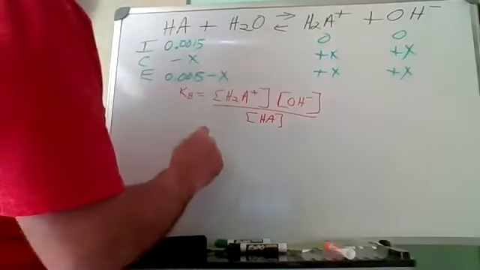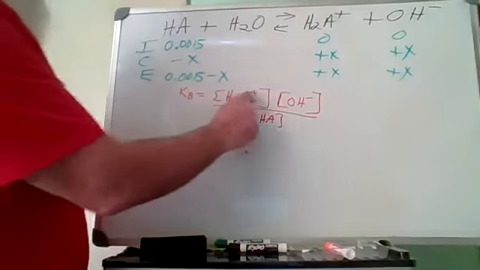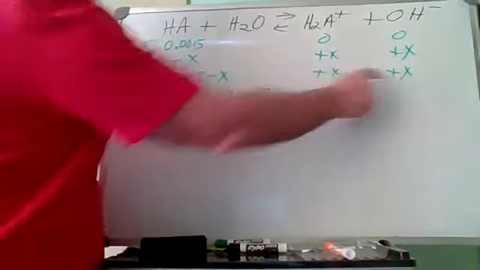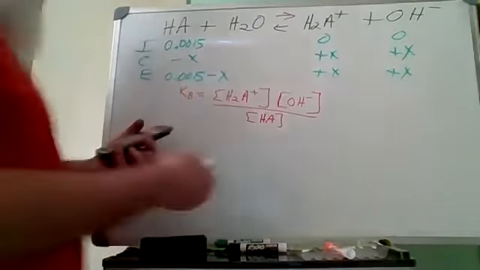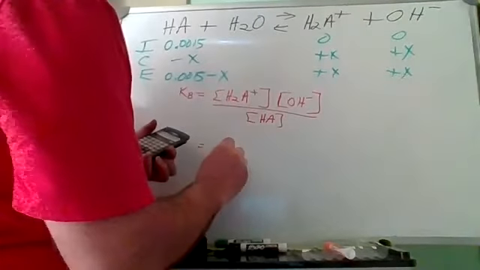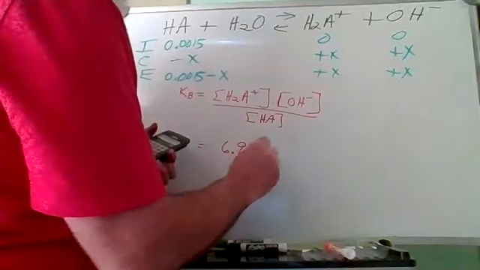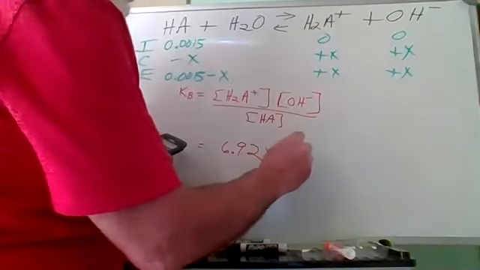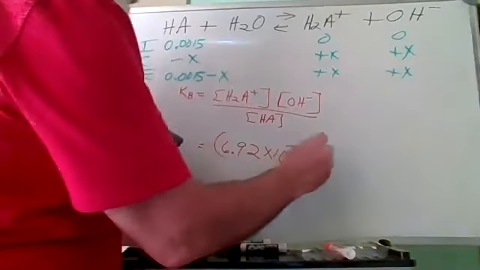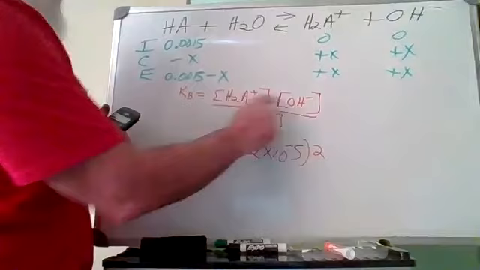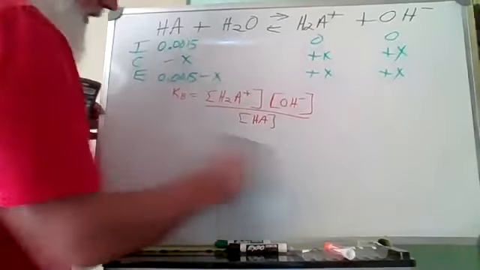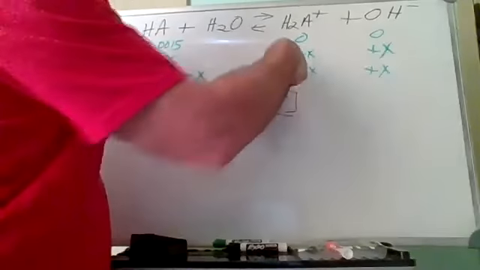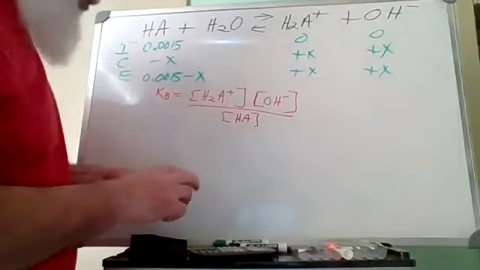But anyway. All right, so I know these two are the same. And I just calculated it a moment ago. So 6.92 times 10 to the negative fifth squared, because that and that are the same. Here, actually, let's take it from the ice table. Let's not jump ahead of ourselves. Let's plug it in from the ice table.